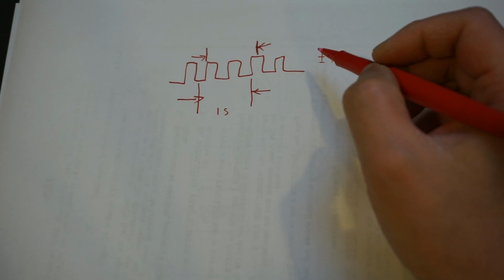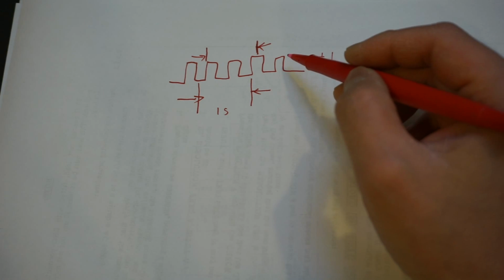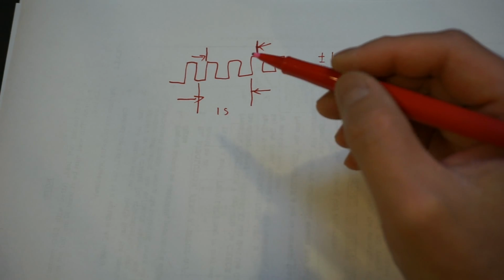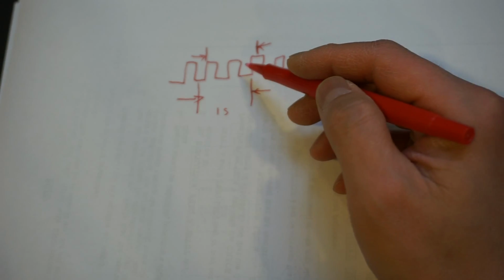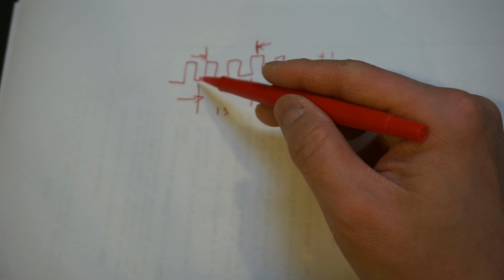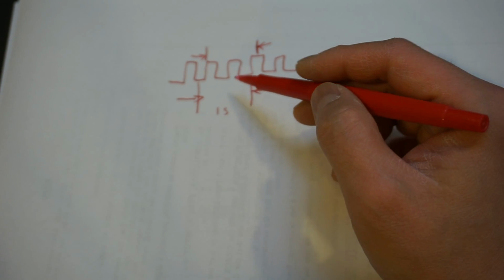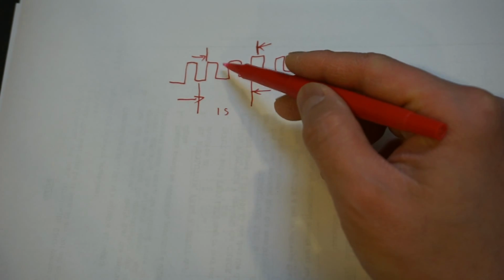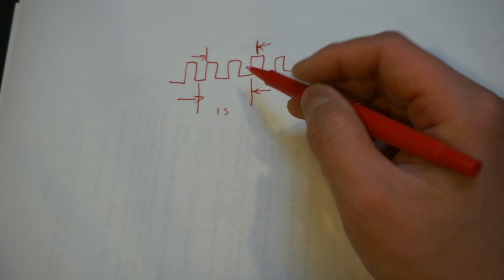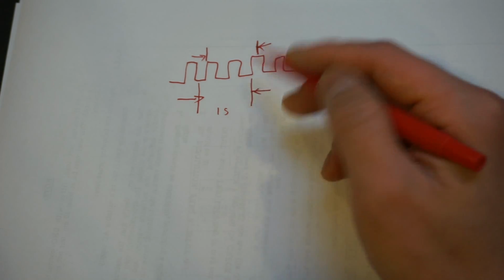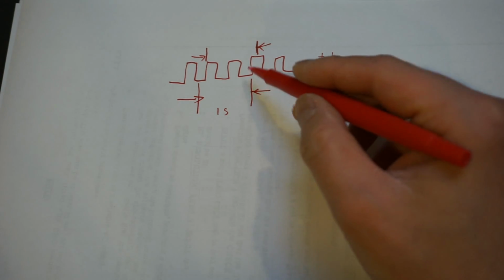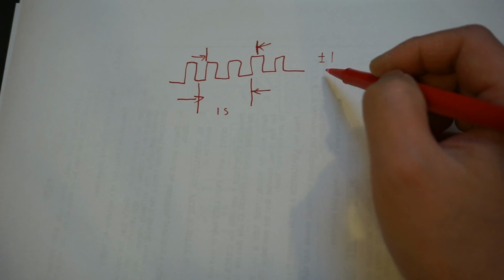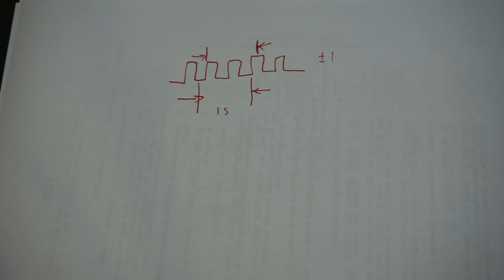For this error to be insignificant, we have to have the condition that the input signal is significantly faster than your gate duration. In other words, the signal here needs to be magnitudes faster than 1 Hertz. Otherwise, in this case, for example, you get 33% of error due to this plus minus 1 count problem.